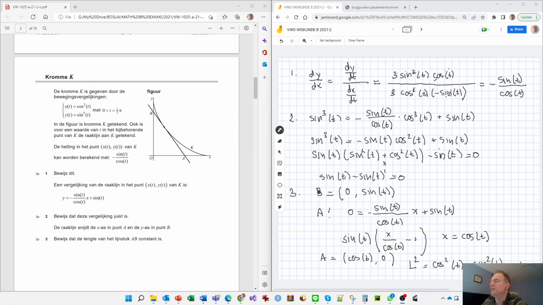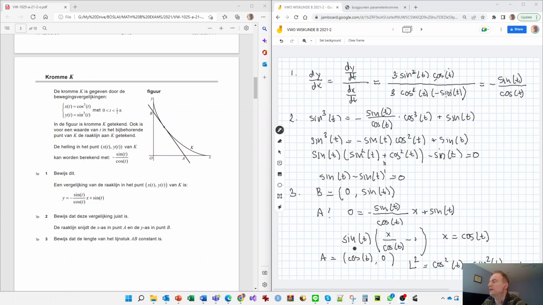So that means that point B is actually in that case the origin, 0, 0, and A is 1, 0, and that also has the length of 1. So it actually is completely independent of t.